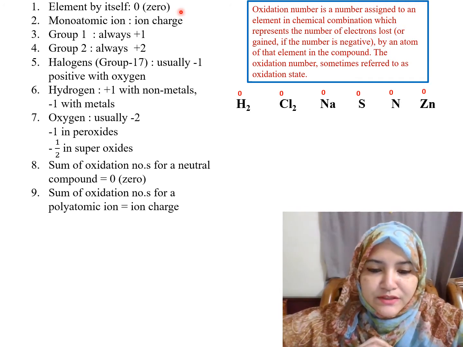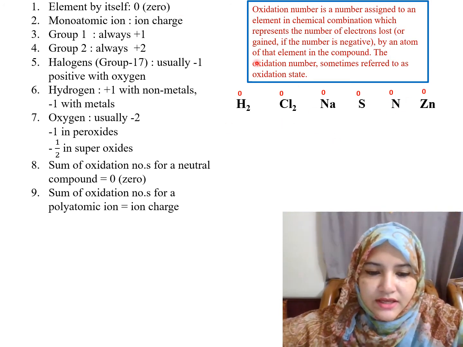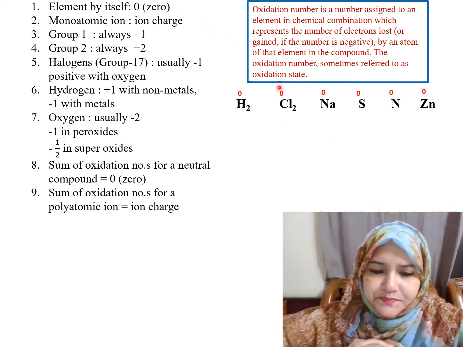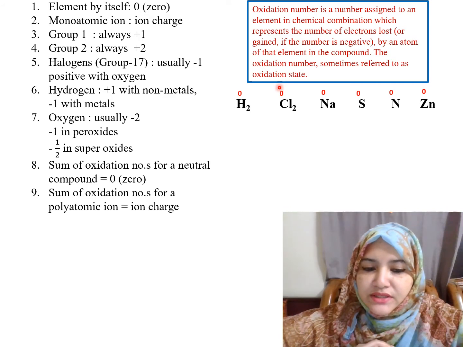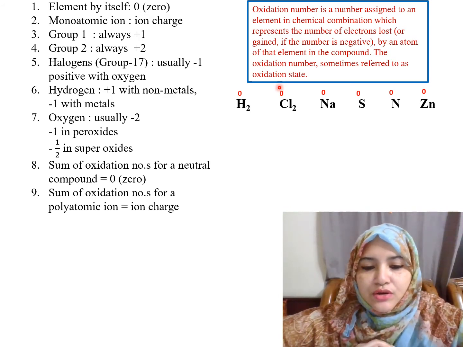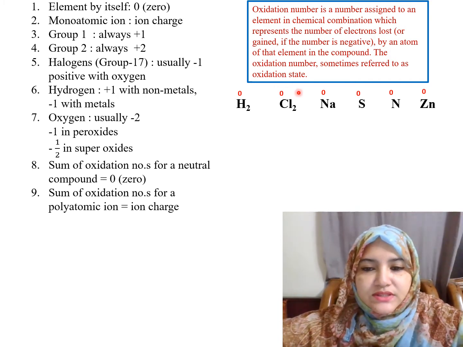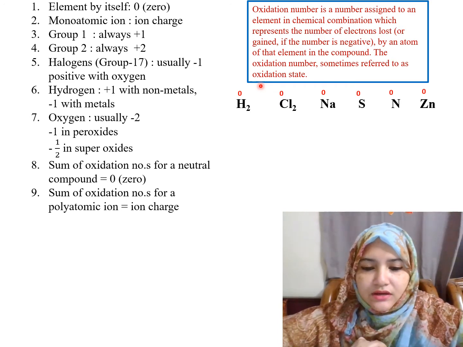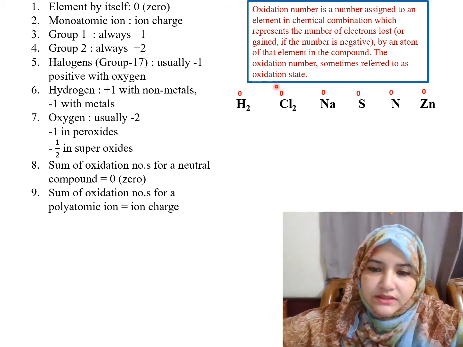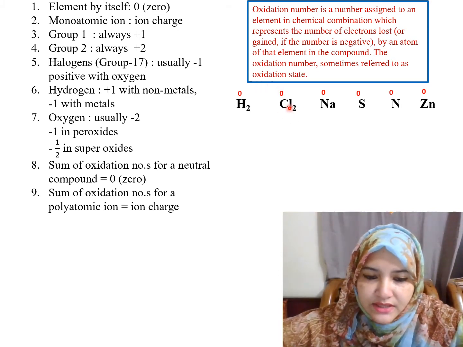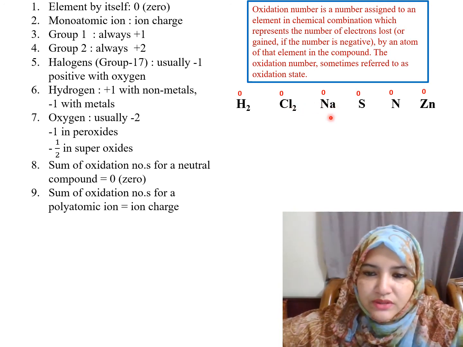It means that there are a lot of chemical substances that have just one element. That element is not combined with any other elements, and that's why we are calling it an element by itself. So this is just chlorine, nothing else, and this is just sodium, nothing else.